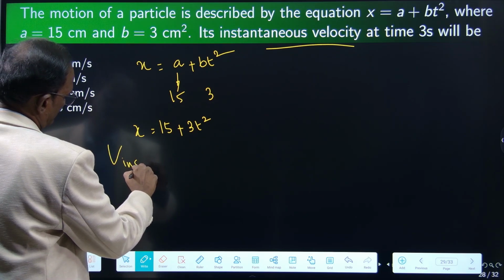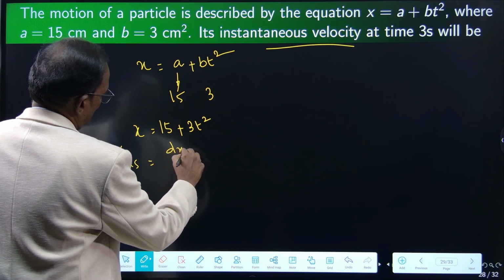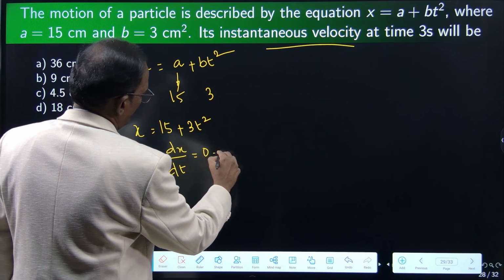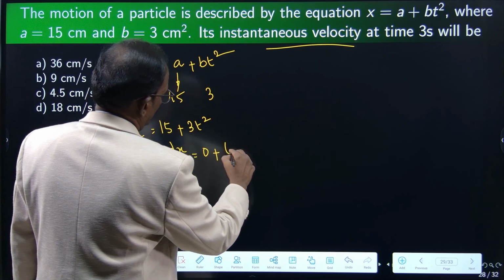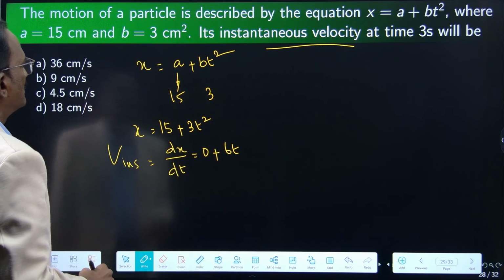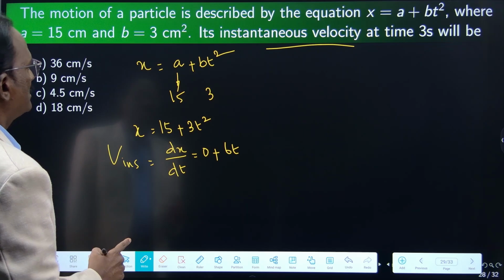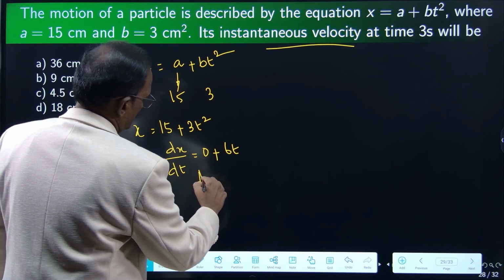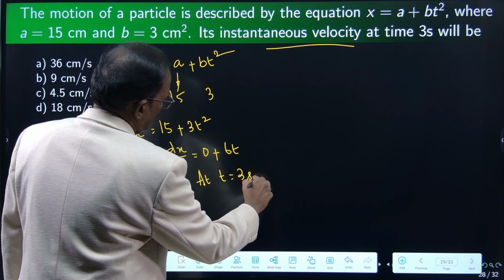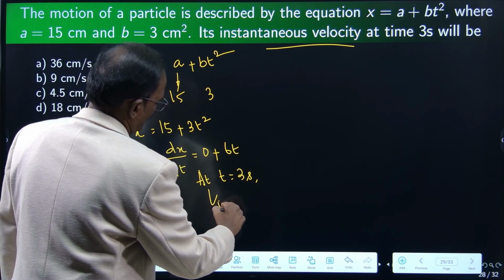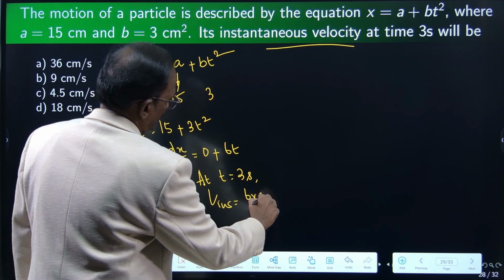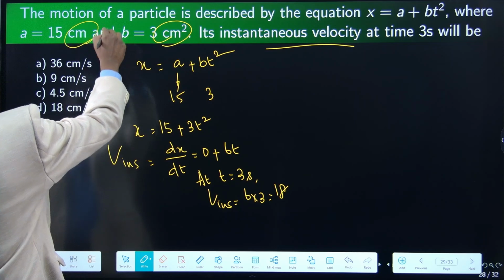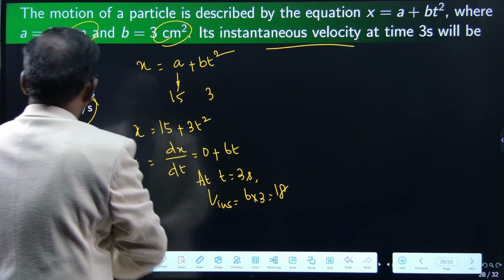V instant is equal to dx by dt. 15 is 0, 3t square is 6t. The instantaneous velocity at time t is equal to 3 seconds. So at t is equal to 3 seconds, 6 into 3, v instant is 18. What is the unit? Centimeter. So this is centimeter, this is centimeter, 18 centimeter per second. Option D.